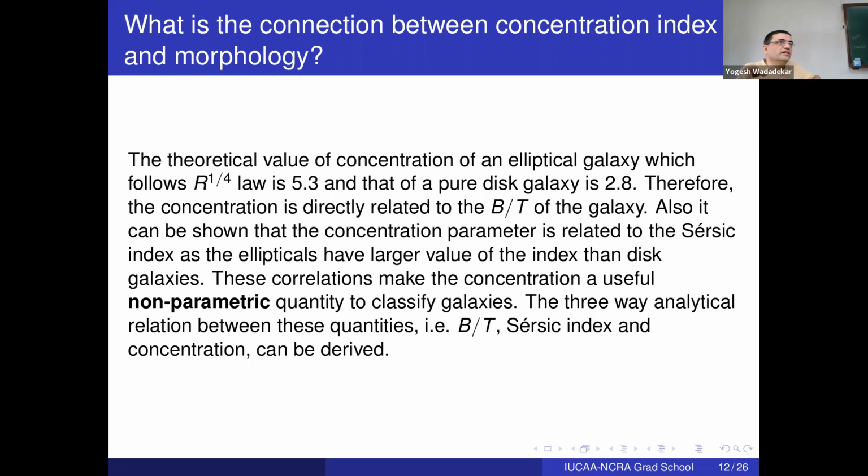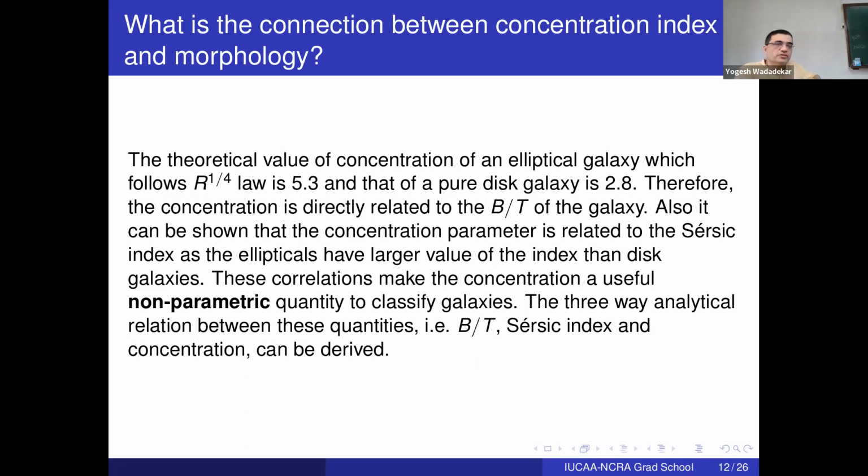So there will be a three-way analytical relation between the bulge to total ratio, the Sersic index, and concentration. So when you measure concentration, you measure bulge to total ratio and Sersic index in a sort of degenerate way. If you know one of them, you can determine the other. So that's the idea behind using this concentration index.